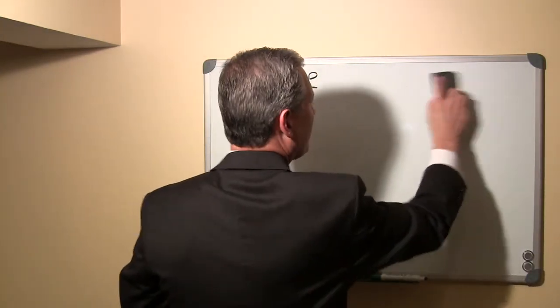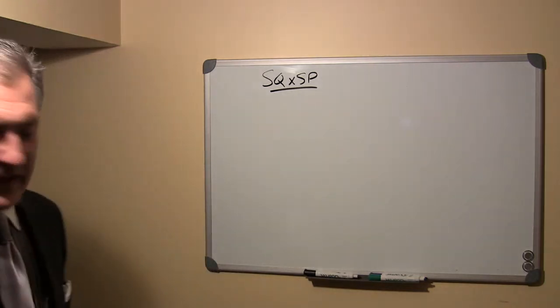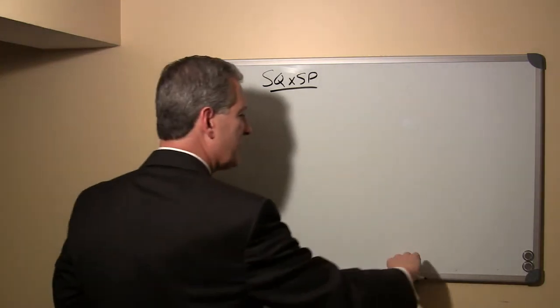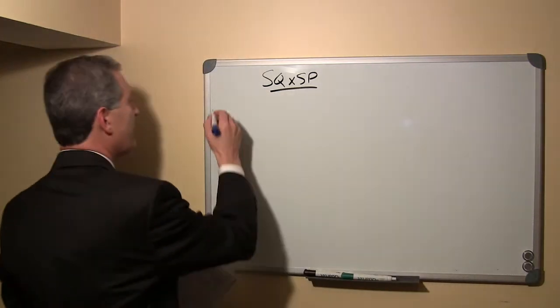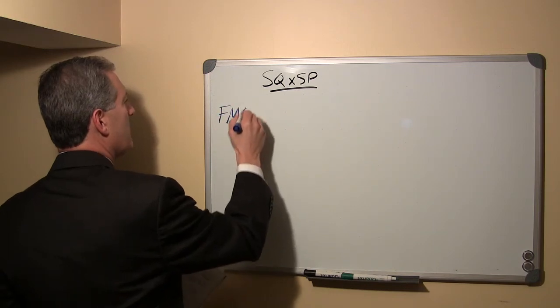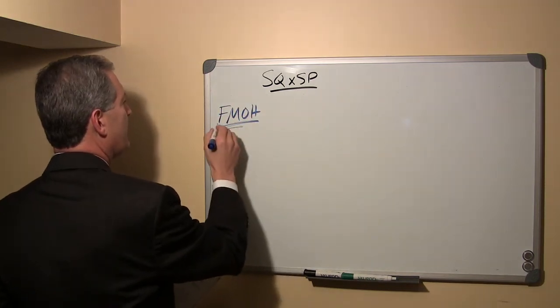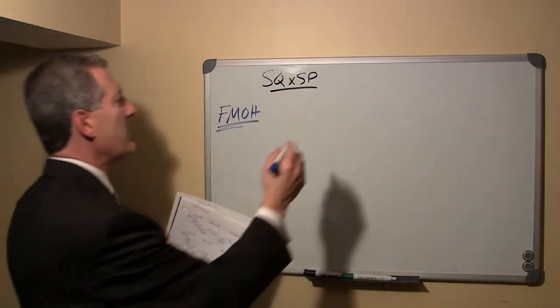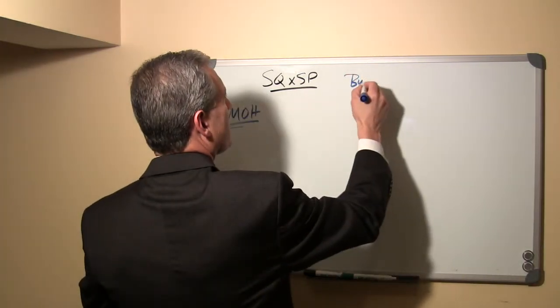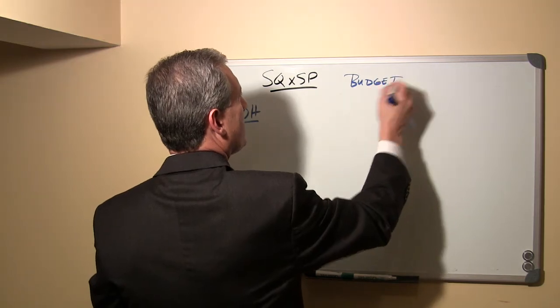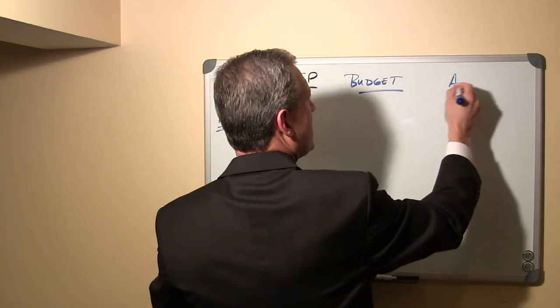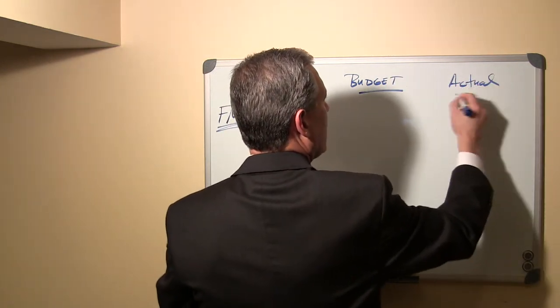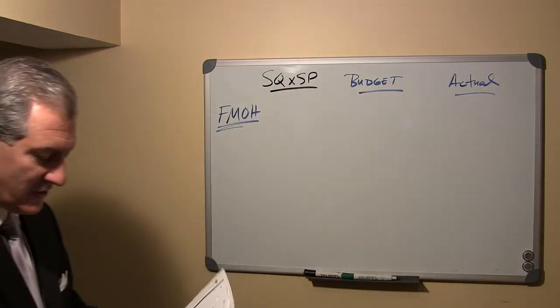And as I've said before, you have to be careful when you're calculating these variances because these are slightly different. This is for fixed manufacturing overhead. Fixed. We still use the standard number, but the middle number is going to be represented. This is going to be the budget dollars, and this is going to be our actual dollars, both of which are provided to you in the problem.